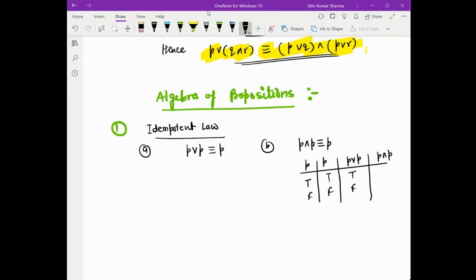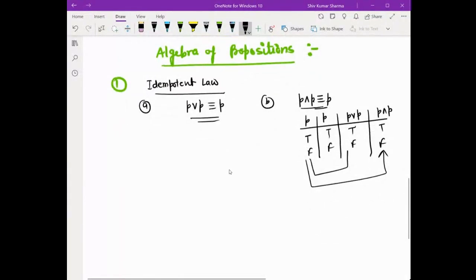And for P and P, true only when both are true, otherwise false. So we see that this is equal to this, and this is also equal to this. So both laws we can verify using a truth table. So we can say that P or P is equivalent to P, and P and P is also equivalent to P.